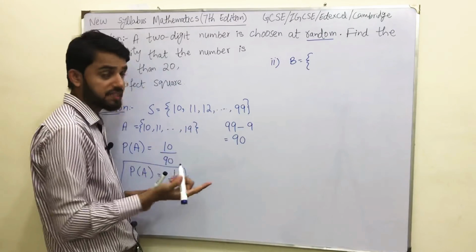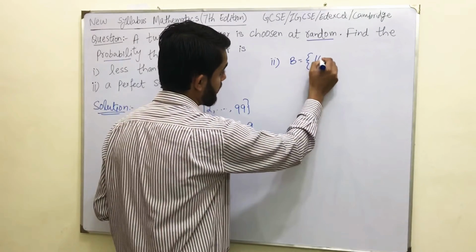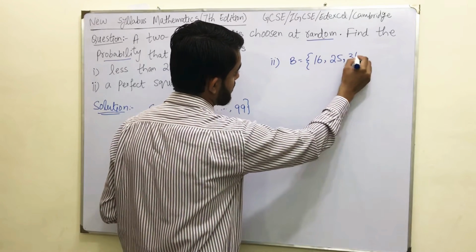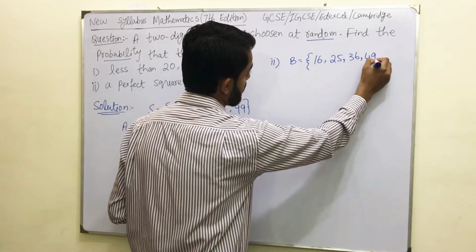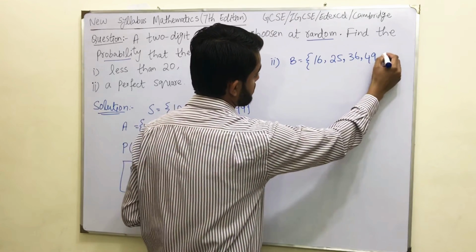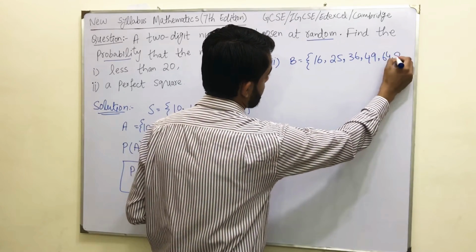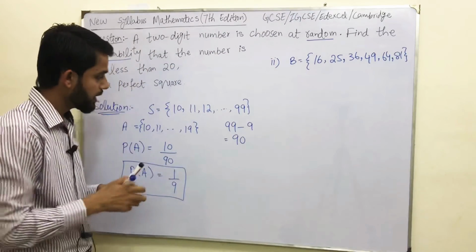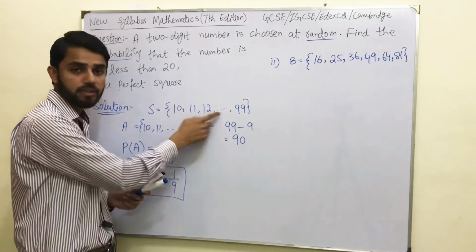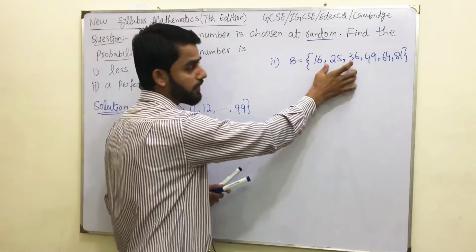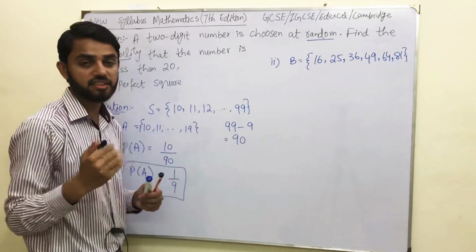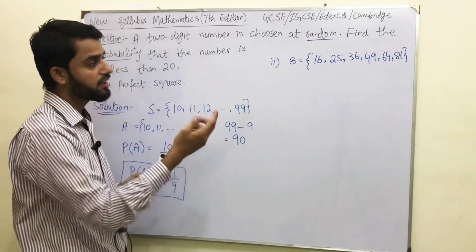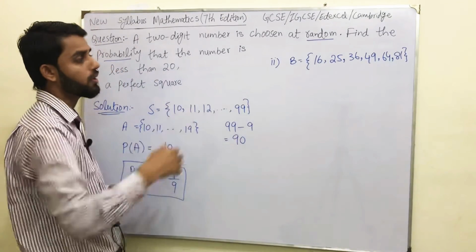We know that 16 is a perfect square number, so is 25, so is 36, then 49, then 64, and then 81. So these are the numbers in the total sample space from 10 to 99 which are perfect squares. Like 16 is the perfect square of 4, 25 is the perfect square of 5, 36 of 6, and so on.